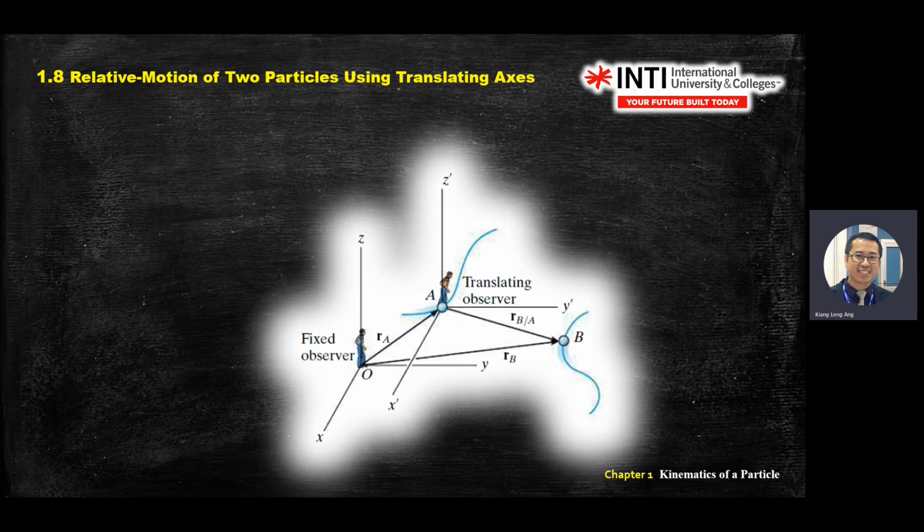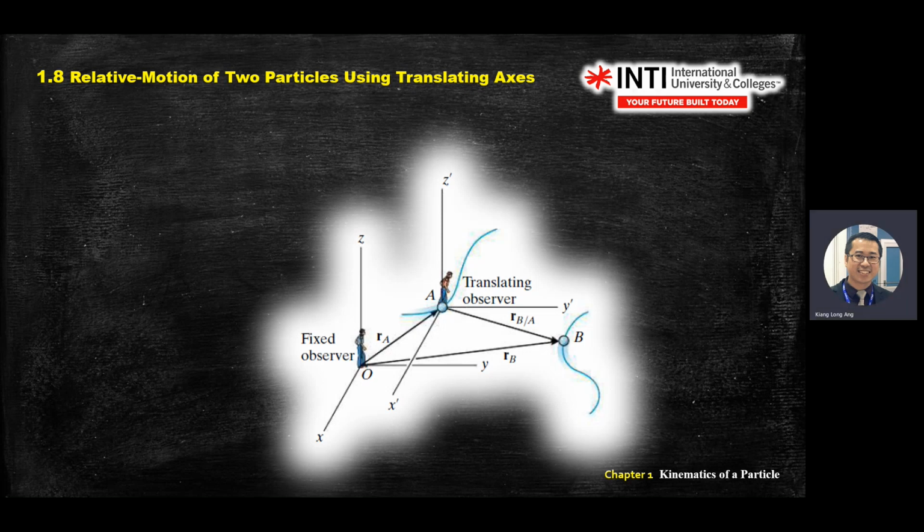Some memorize B here, A here, B stroke A. My way of memorizing this kind of vector, B stroke A, is to convert the slash into negative, but you can use your own.